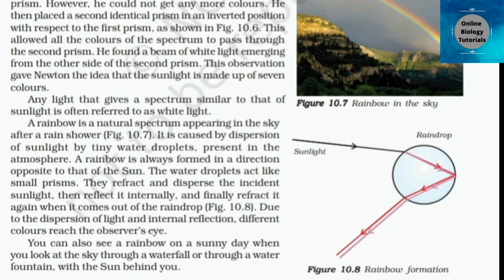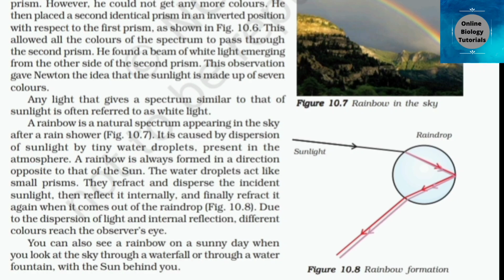A rainbow is a natural spectrum appearing in the sky after a rain shower. Figure 10.7. It is caused by dispersion of sunlight by tiny water droplets present in the atmosphere. A rainbow is always formed in a direction opposite to that of the sun. The water droplets act like small prisms.